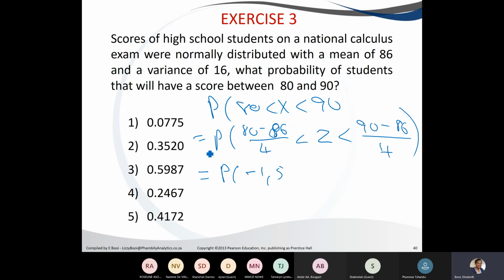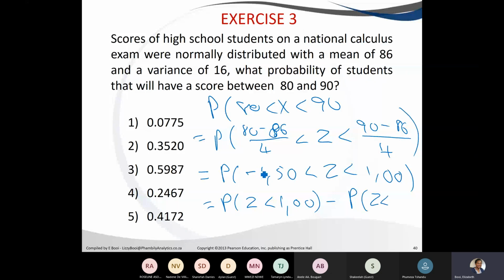Minus 1.50, which is less than Z, and we do the same this side, 1.00. And here we can find the probability that Z is less than 1.00, we do this side first, minus the probability of the second side, which is Z less than minus 1.50.